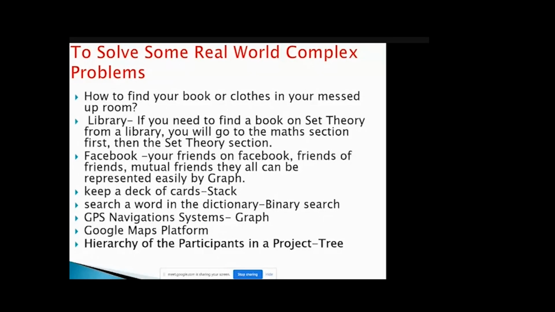Then you have the Google Maps platform. Then suppose you are working in a company, and you would like to know the hierarchy of persons in the company: who comes first, under which person who is working. You will have a project manager, under the project manager a team leader, and under the team leader subordinates.